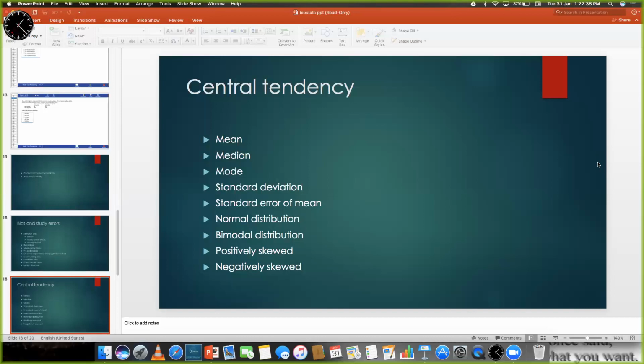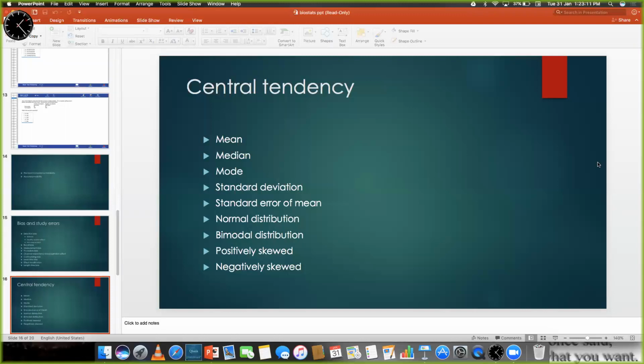Okay? Now, if I say I'm talking about a 95% confidence interval of a mean, what should be the z value? If I'm telling you that I'm talking about a 95% confidence interval, what should be the z value? You multiply the standard error of mean with 2, putting the z value, because a z value of 2 accounts for 95%.